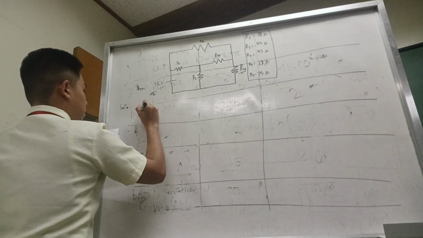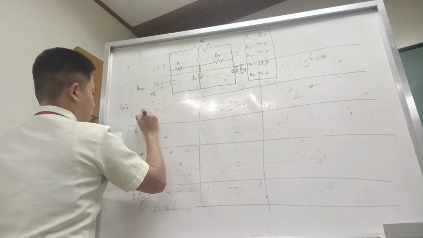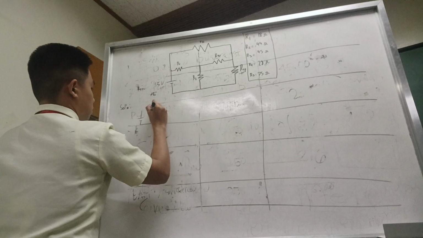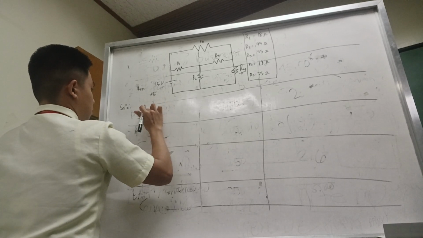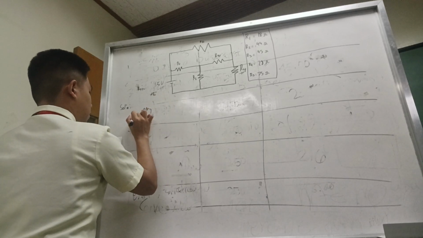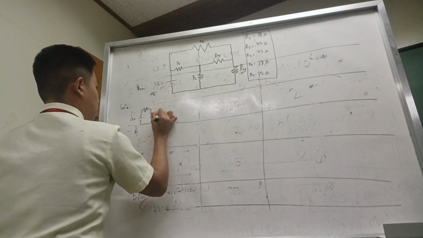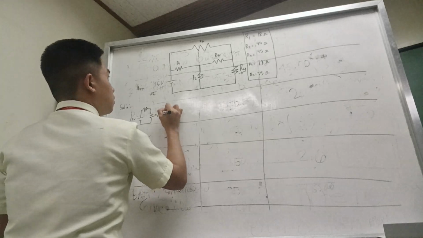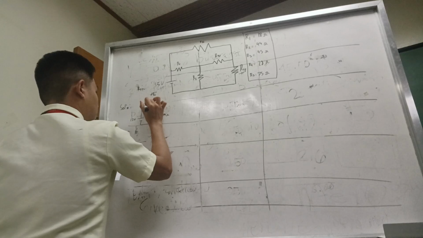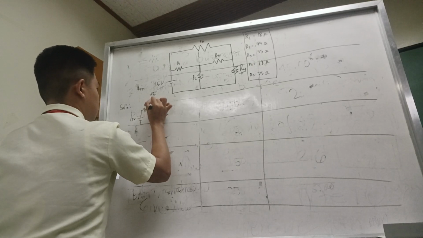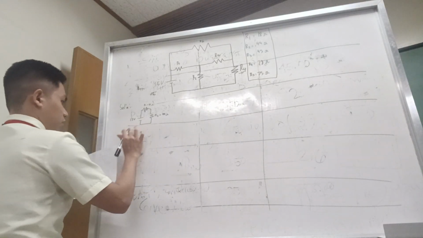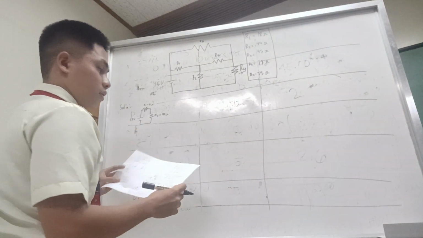So we need to rewrite this diagram here. 15 volts, R1, R2 is equal to 49 ohms, R1 is equal to 18 ohms. So we need to start solving this equation. Please bear with me and follow this solution.